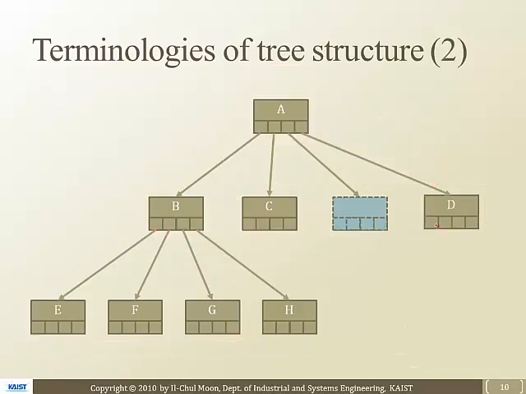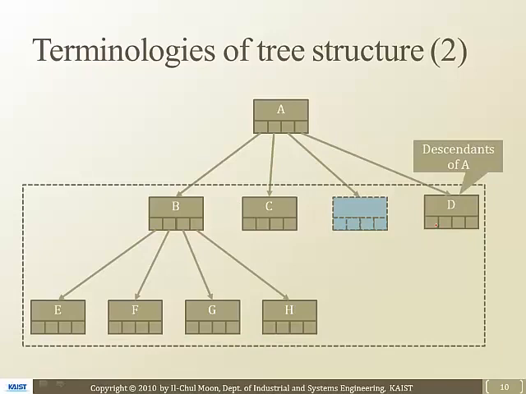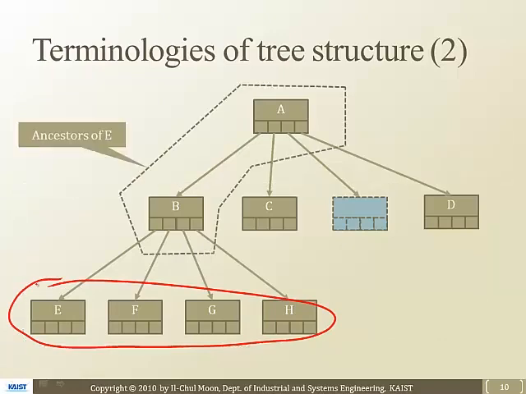And the second terminology is this. Of course, B, C, D, E, F, G, H are descendants of A. And E, F, G, H are descendants of what? B, right? Very simple, right?